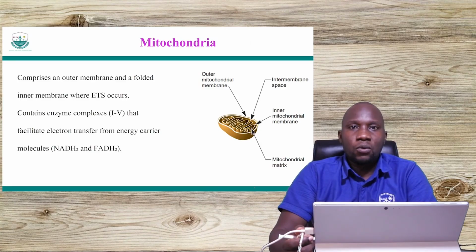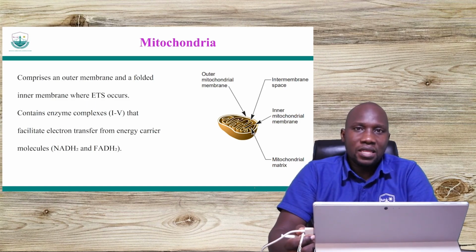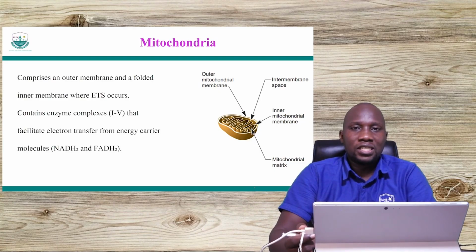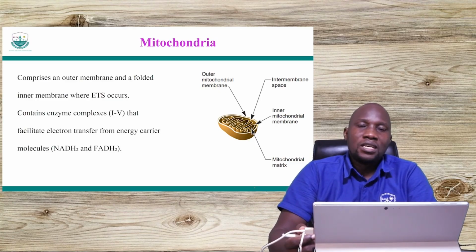First, let us know where the electron transport system takes place. We know that glycolysis takes place in the cytosol, and the Krebs cycle takes place in the mitochondrial matrix. And now the electron transport system, what you can call ETC, happens in the inner membrane of the mitochondria.